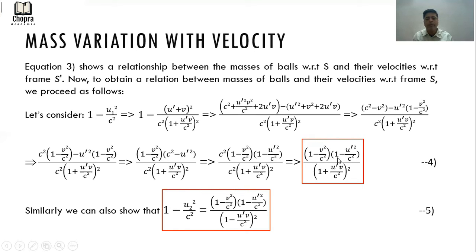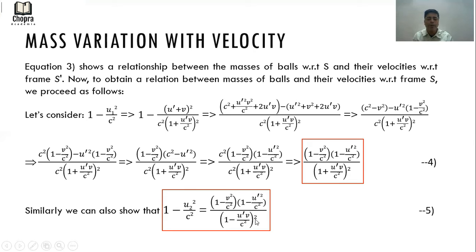So similarly, 1 minus u2 square by c square will be equal to 1 minus v square by c square times 1 minus u dash square by c square, divided by 1 minus u dash v by c square, to the power 2.